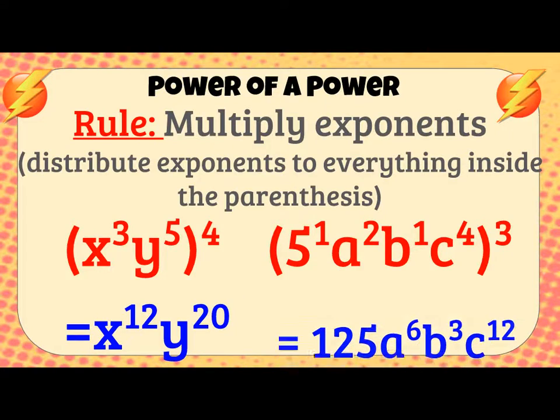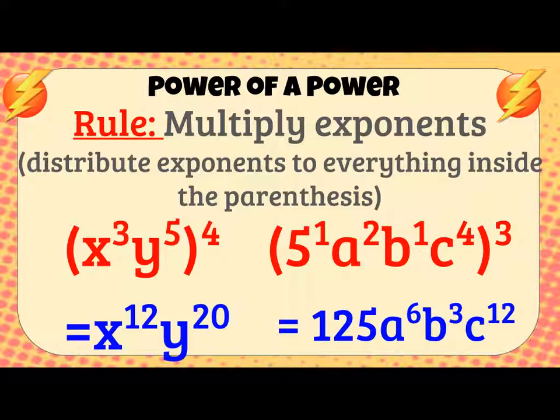So really it simplifies down to 5 to the third power is 125, a to the 2 times 3 is 6, b to the 1 times 3 is 3, and c to the 4 times 3 is 12. So it's really all about distributing that exponent to everything, including the coefficient inside the parentheses. That's what power of a power is.